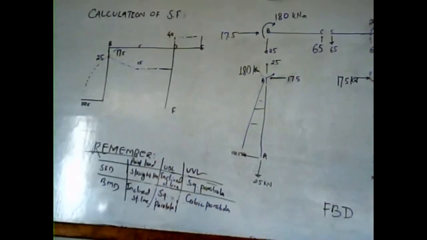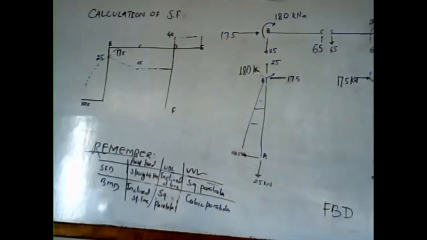Likewise in section BC, there is a uniformly distributed load, UDL. At point B we have 25 kilonewton in the downward direction. It is negative because left down is negative, so negative 25. Likewise at point C, we have upward 65 kilonewton.